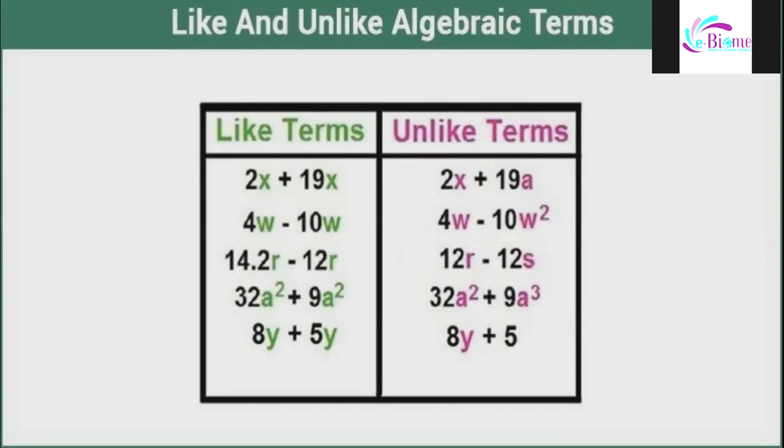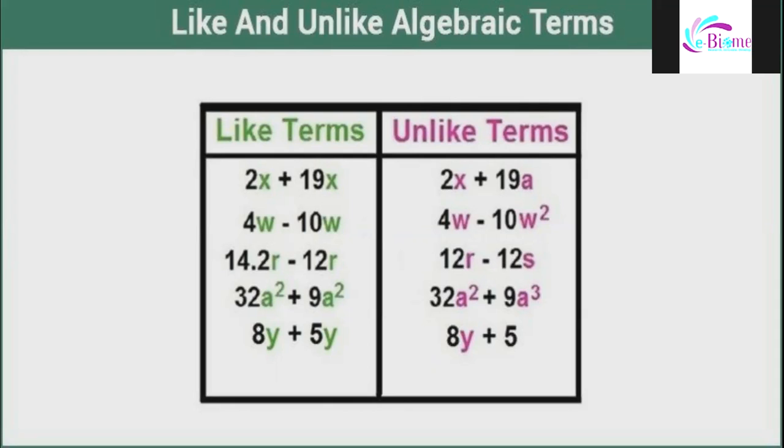So here, let's look at the part with like terms. So we have 2x plus 19x. Anyone can tell why that is a like term? Because it has the same letter.